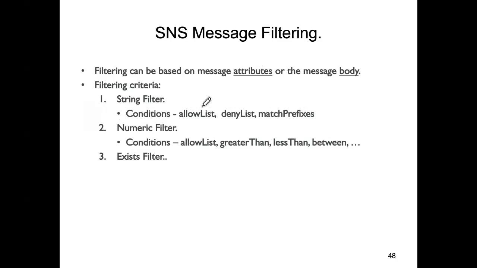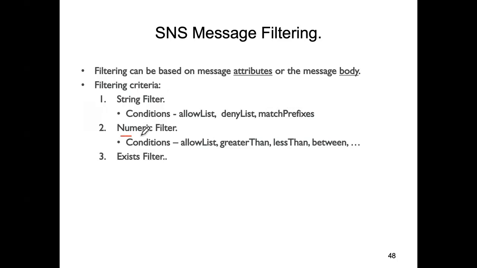So you can specify a list of values that you will allow to go through the filter, or you can specify a list of values which you do not want to go through the filter, or you can just specify that the value of a particular attribute should have a particular prefix, and if it has that prefix, then allow it through, otherwise don't allow it through to the subscriber. That's if the attribute is a string type.